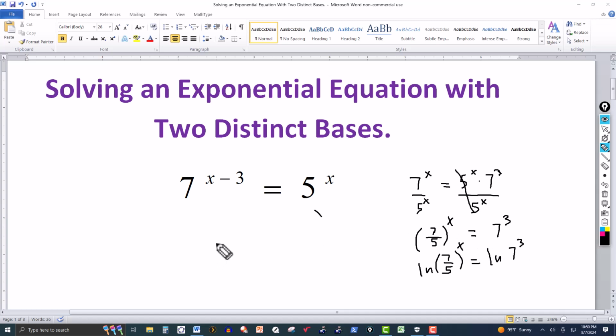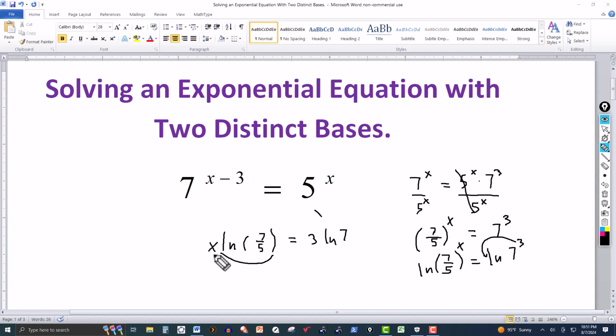So this can be written then as x natural log of 7 over 5. Do the same thing on the right side. This exponent can become a coefficient here. That's the property of logs. It's going to be a 3 ln of 7. This is just a number here.